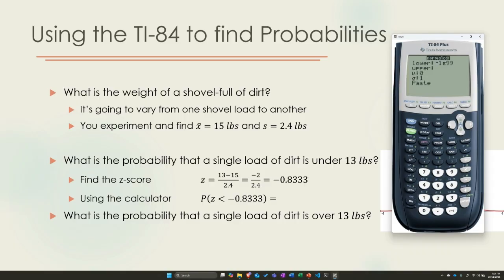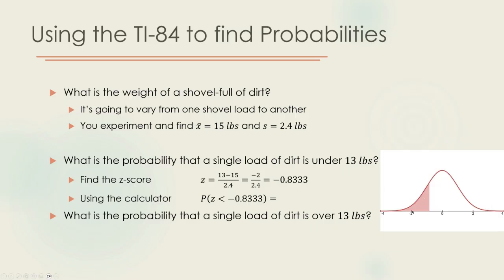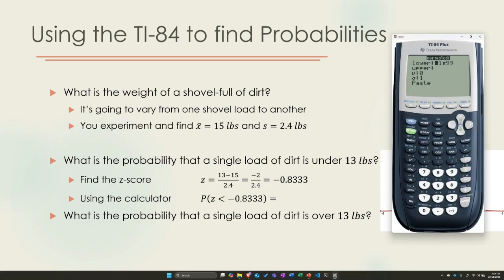Remember that we're going to find the area of this left tail, everything from a z-score of negative 0.8333 all the way to the end of the left tail. Well, how far does this tail go? It goes on forever. And so your default for the calculator is going to show negative 1 E 99. This little E means times 10 to the power of 99.